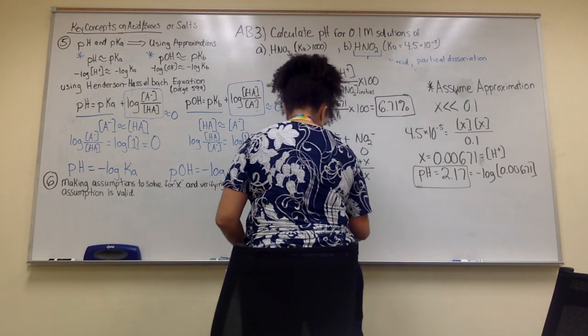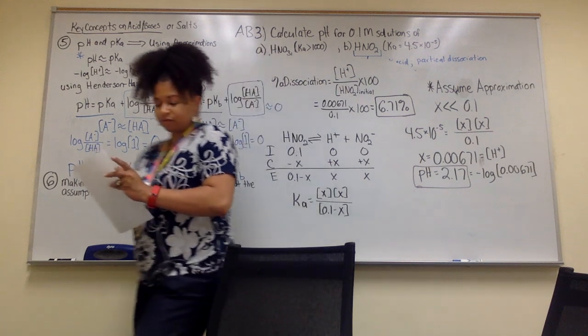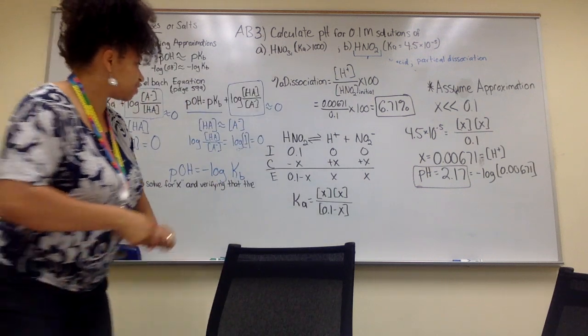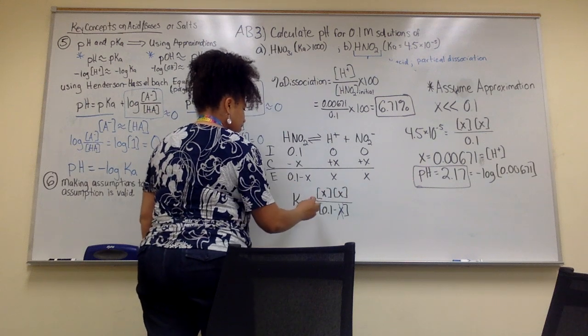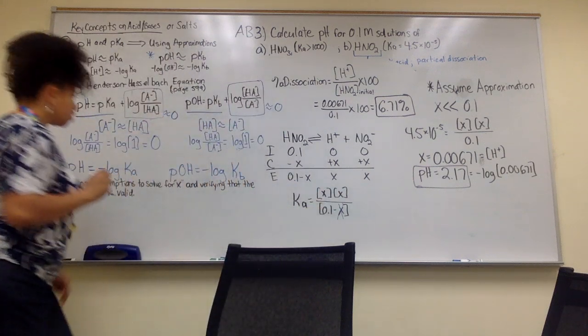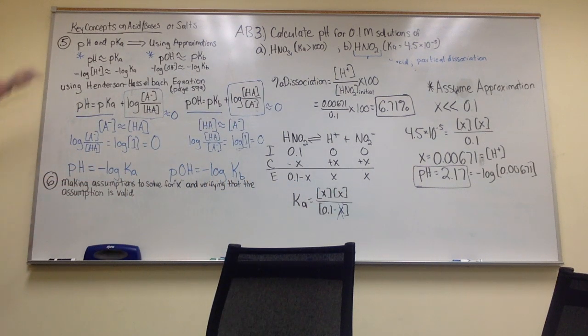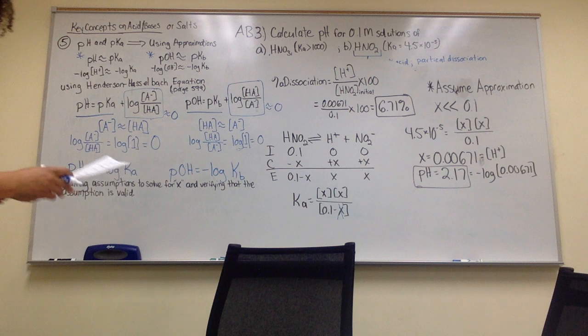We're making the assumption that we can get rid of this x here and just say x squared over 0.1. So this is how this relates back. So we talked all about pKa and pH. In order to verify if this is valid, we're going to use something related to these arguments here, that pH is related to pKa and that we're related to x in some form or fashion.